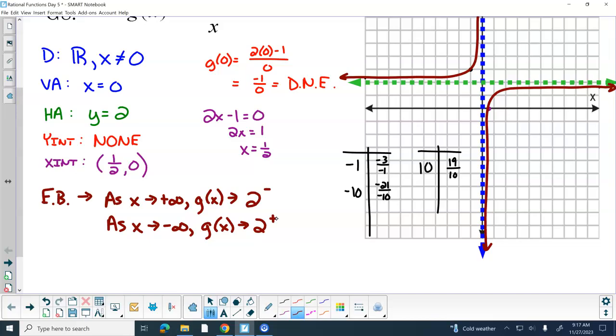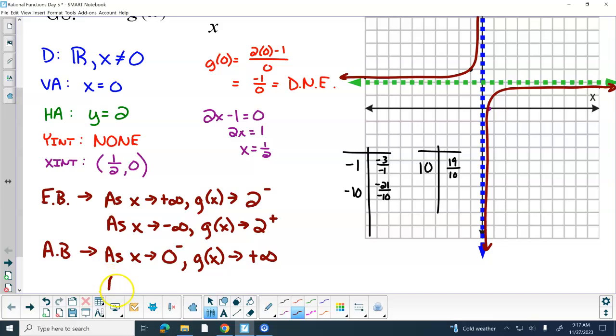Okay. Asymptote behavior would be then as x is approaching 0 from the left, my function is going off to positive infinity, left side of the blue dashed line.